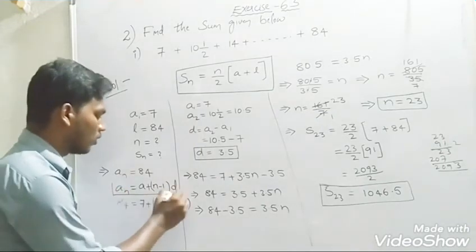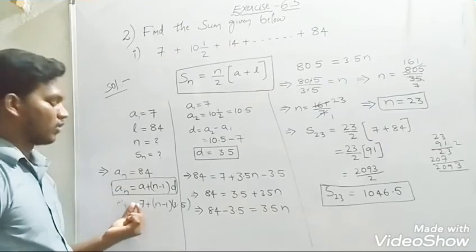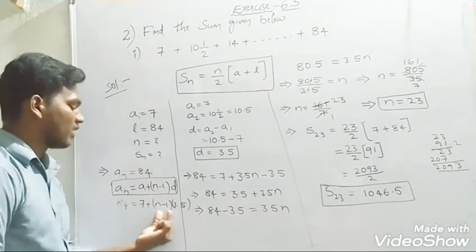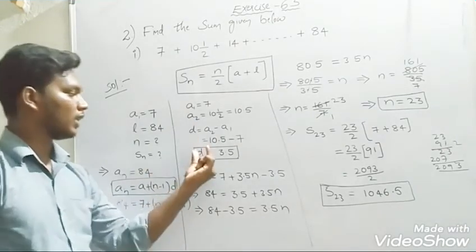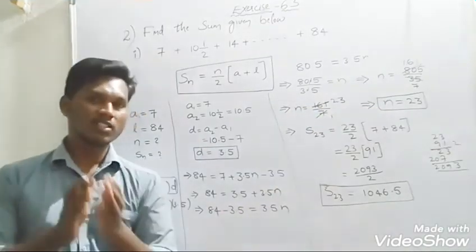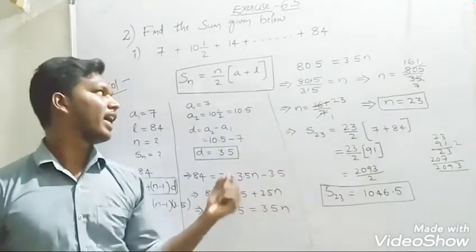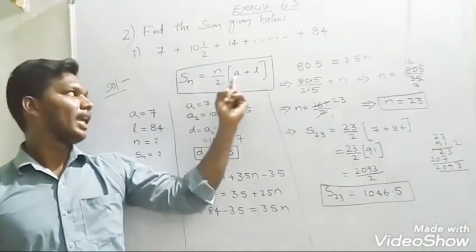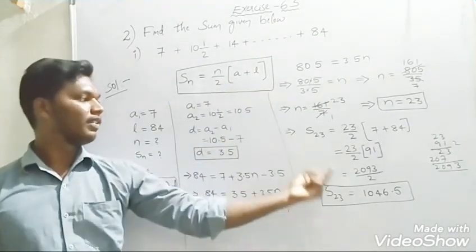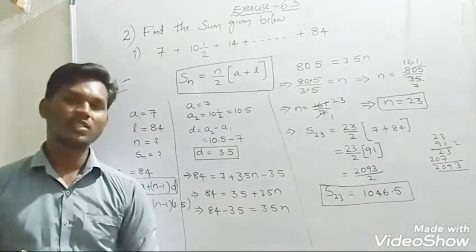So an is equal to a plus n minus 1 into d. So an is what, friends? 84. So 84 is equal to a plus n minus 1 into d. After substituting all the values, we will get n is equal to 23. That means the 23rd term is 84. So once we know the n value, we substitute the n value, a value and l value, and we will get the sum of 23 terms is equal to 1046.5.